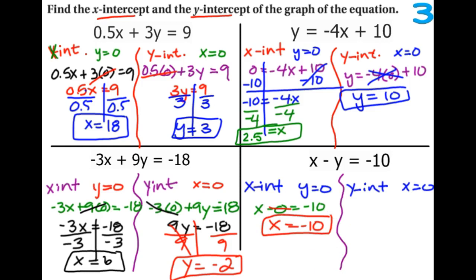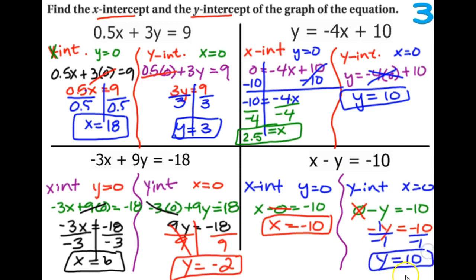That part wasn't too tough, but on the second part, when x is 0 here, we have 0 minus y equals negative 10. Well, 0 is still 0, but this minus goes with the y. So we really have a negative y equals negative 10. Well, that's really a negative 1y, so we need to divide. So we'd have y equals now a positive 10. Don't forget that negative goes with that letter.